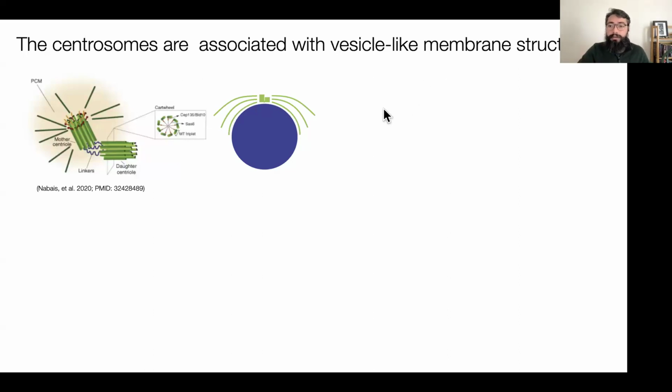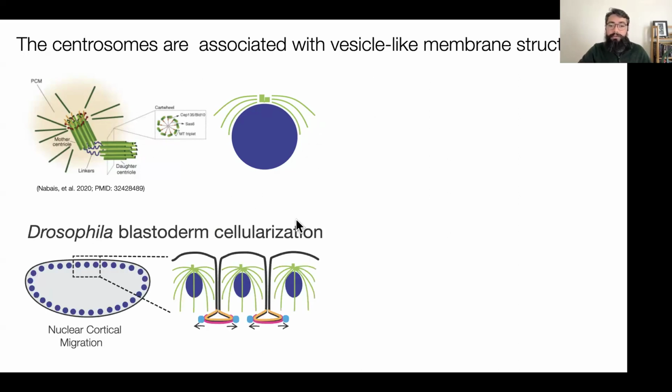Chytrids, unlike animals, have a centriolar centrosome, and that centriole also becomes the basal body of the cilium that is synthesized inside the sporangium. What is interesting is that during Drosophila cellularization, you have the same migration of the nuclei towards the plasma membrane, and each nucleus has its centrosome facing the plasma membrane. It has a cage of microtubules around it and an inverted basket.